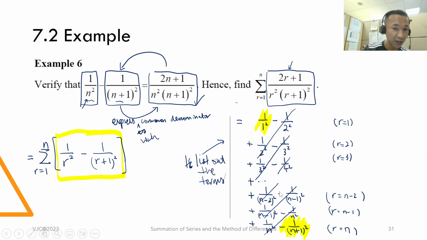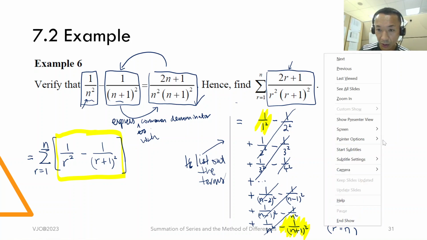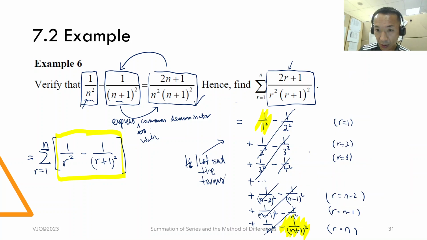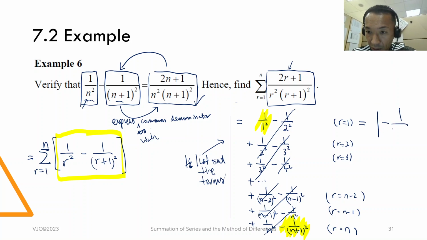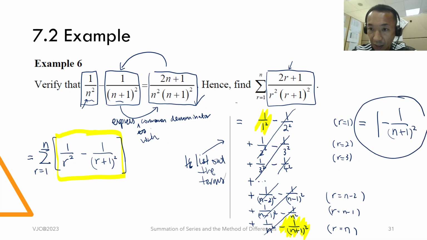So the final answer will just be 1 minus 1 over n plus 1 whole thing squared. That is your final answer, which is the same as yours.